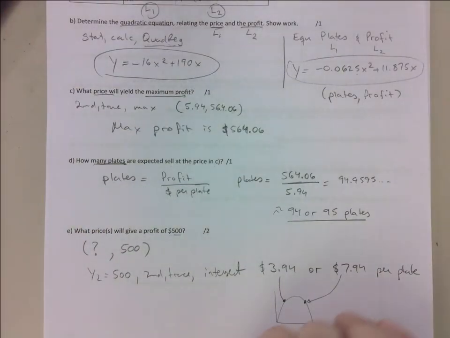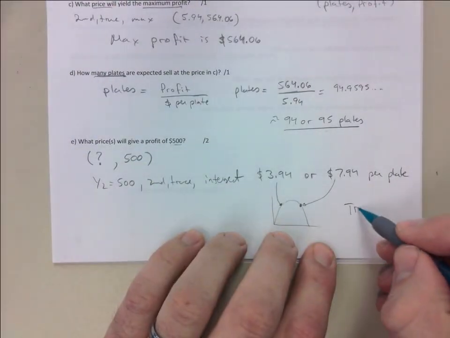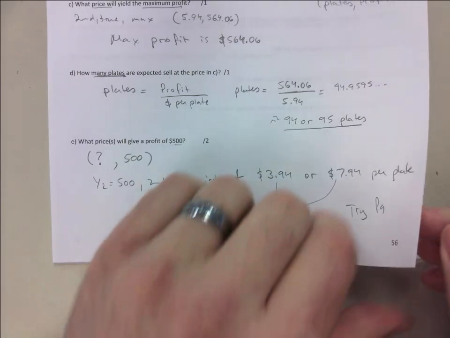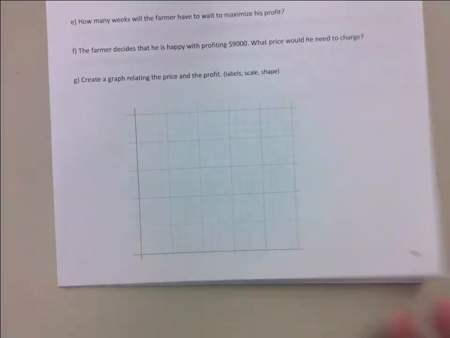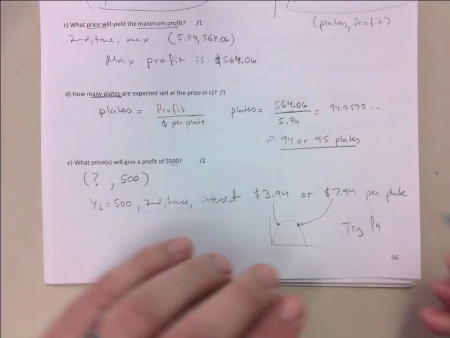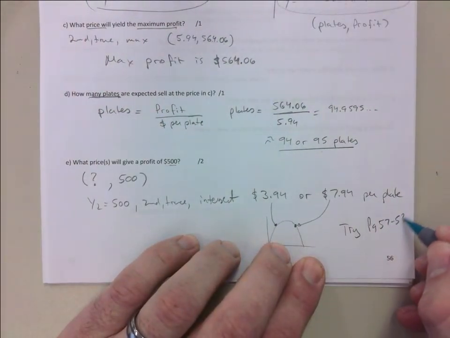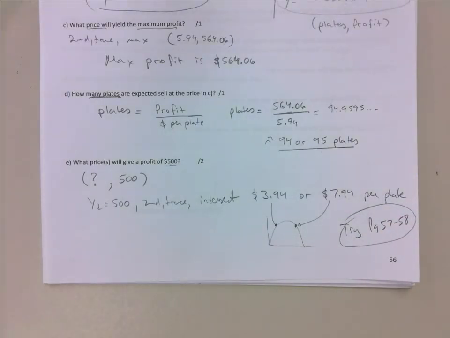If you want to try these ones, I will just say try page 58 and 60, sorry, 57 and 58. Page 60 has just a regular word problem for you there.